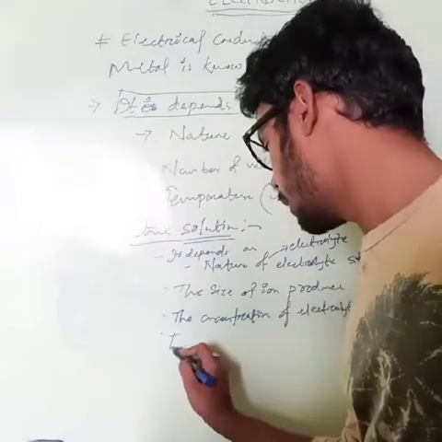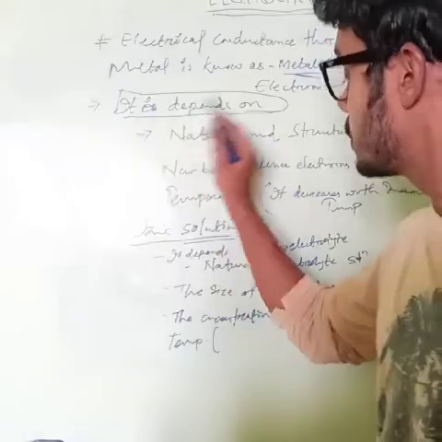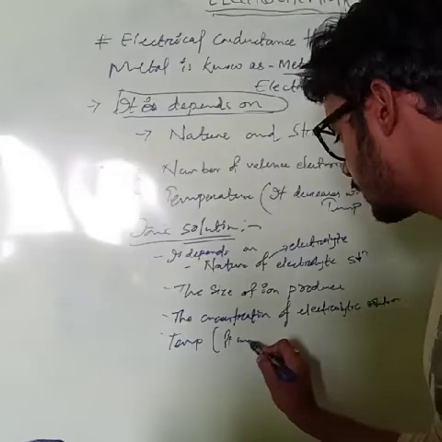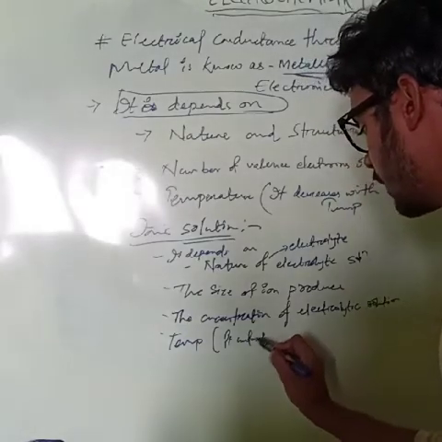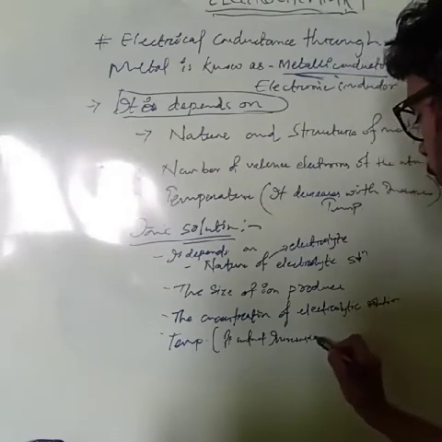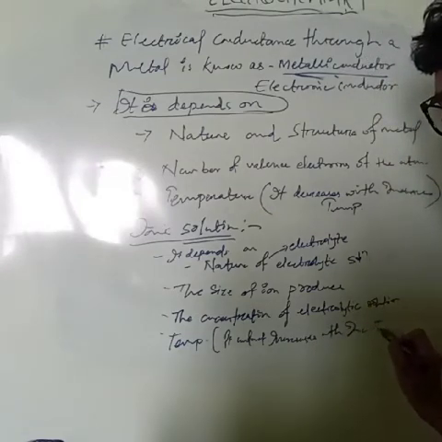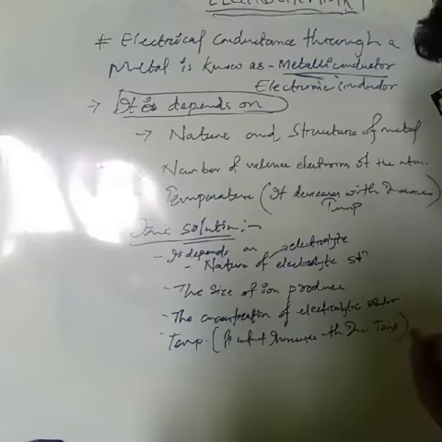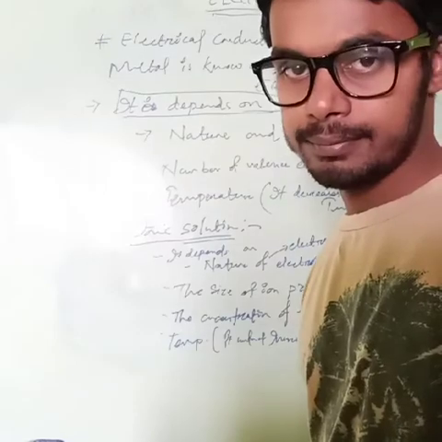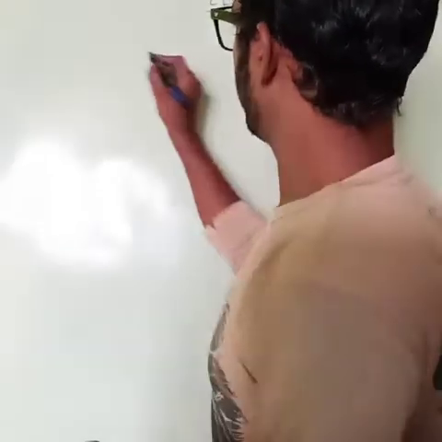And the final point will be the temperature. But here the case is quite opposite to metallic conductors. The conductance increases with increasing temperature. These are the points, note them down. Okay. So next, the measurement of conductivity.